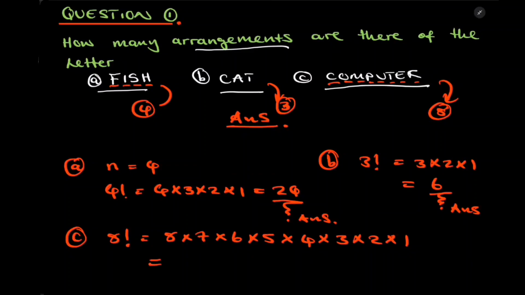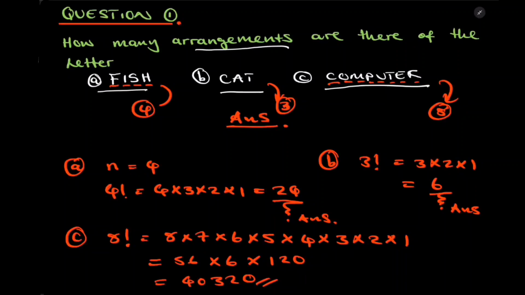When you punch this into your calculator, you're going to get the value. 8 times 7, that's 56, times this part. So this entire part, 6 times 5 factorial, we know it's 120. And when you multiply everything, you must get 40320 as your answer. So that's how you go about a question like this one.